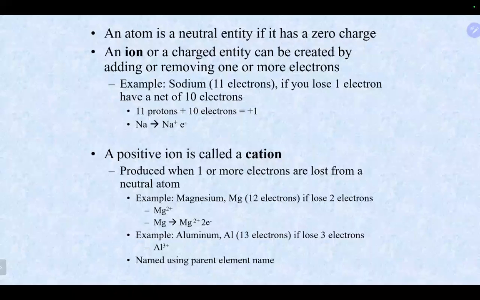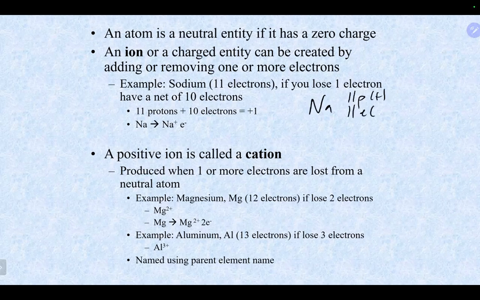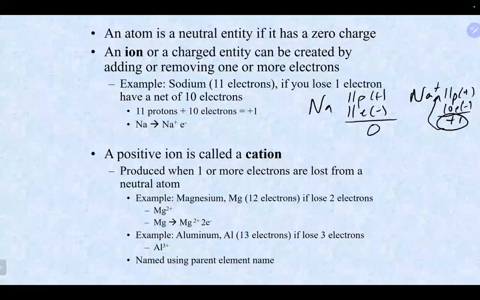And again, it goes from sodium with no charge that had 11 protons and 11 electrons to sodium with a +1 charge, which once again, the protons stay the same. Positive means we lost an electron and gives us a +1 overall charge. And again, that is a cation that occurs.